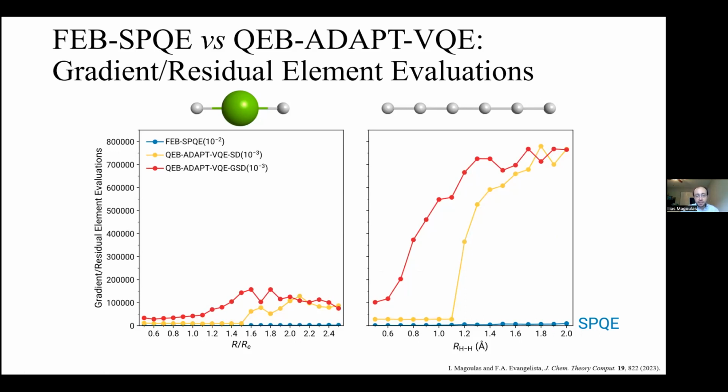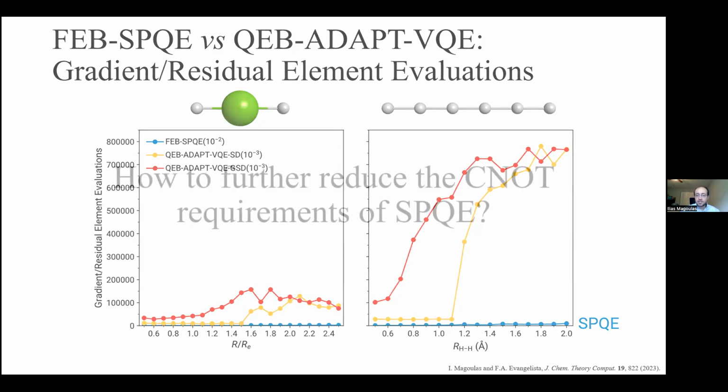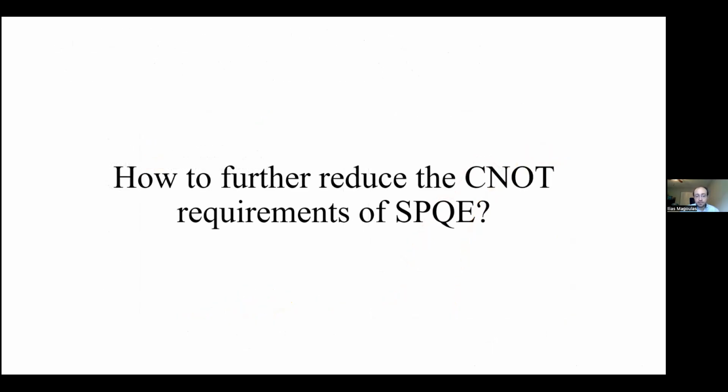So far, we have seen that SPQE is quite competitive with adapt VQE, but where we clearly lose is in the number of CNOTs. So the question that Francesco and I tried to answer in our follow-up paper that was submitted this morning, so fingers crossed, is how to further reduce the CNOT requirements of SPQE.